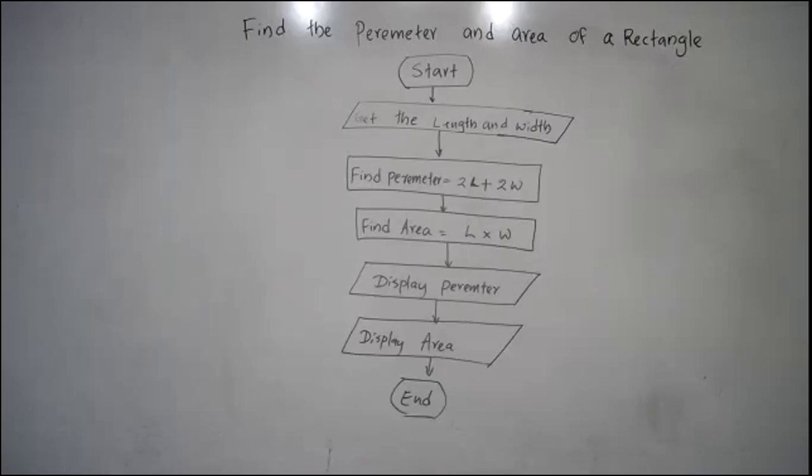There should be a perimeter variable, there should be an area variable, right? Then finally you have to display perimeter and area. Try to do this by yourself. Any questions you can ask now? Or do you need me to do it? If it is difficult, I can do this one for you.